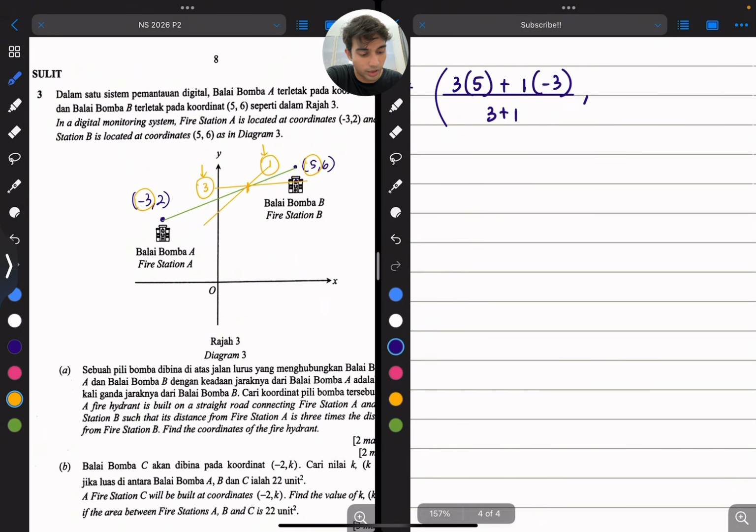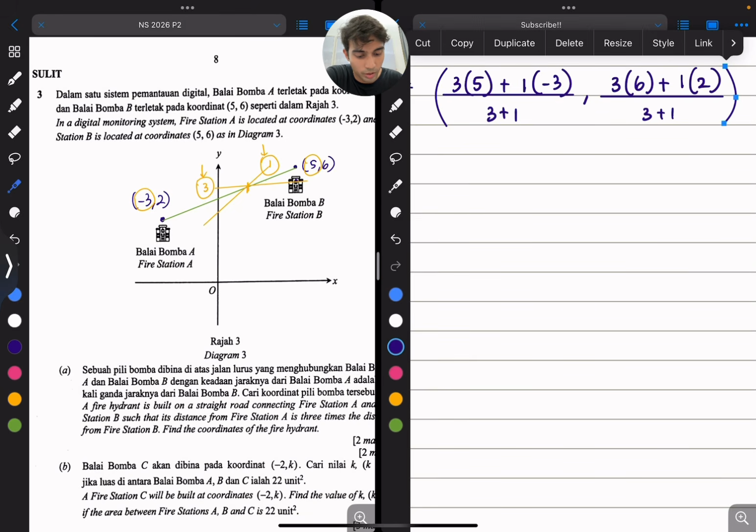And then the Y coordinate will be the same: 3 times this Y plus 1 times this Y, divided by 3 plus 1.